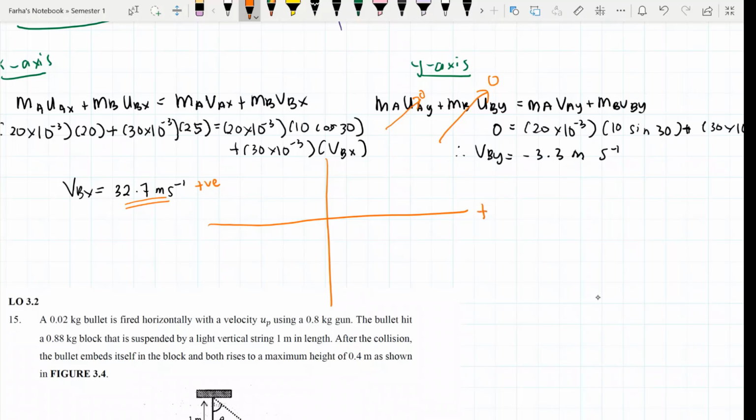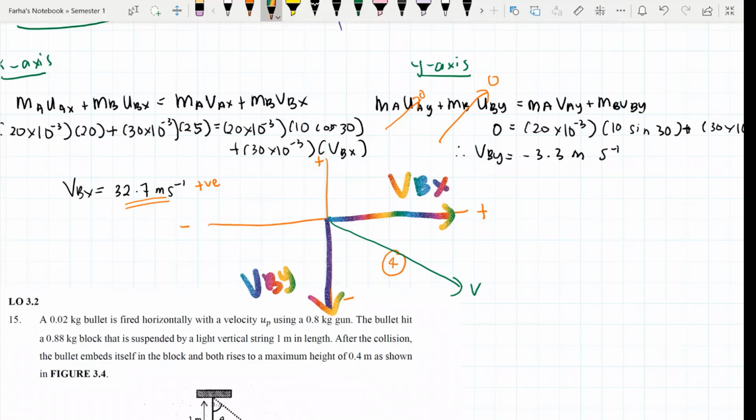Kita ada positif X, positif Y, negatif X, negatif Y. So oleh kerana VBX dia yang positif, tapi VBY dia negatif, dia menunjukkan dia berada di kuadran yang keempat. Kalau saya lukiskan kat sinilah saya punya kedudukan V dia lah sepatutnya. Dan sini adalah VBX dan sini adalah VBY.